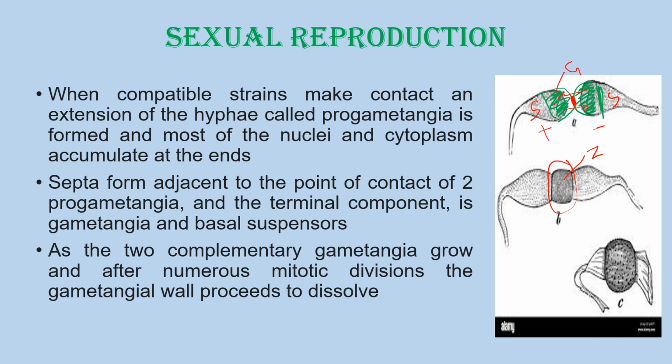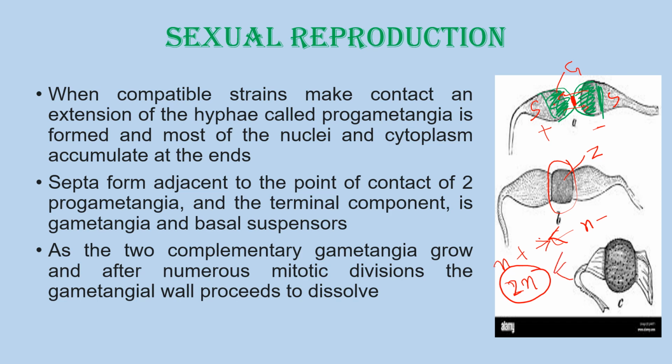In this zygospore, after plasmogamy, karyogamy occurs, that is, the N negative nucleus fuses with the N positive nucleus. So the diploid nucleus is formed, and then the diploid nucleus undergoes meiosis.